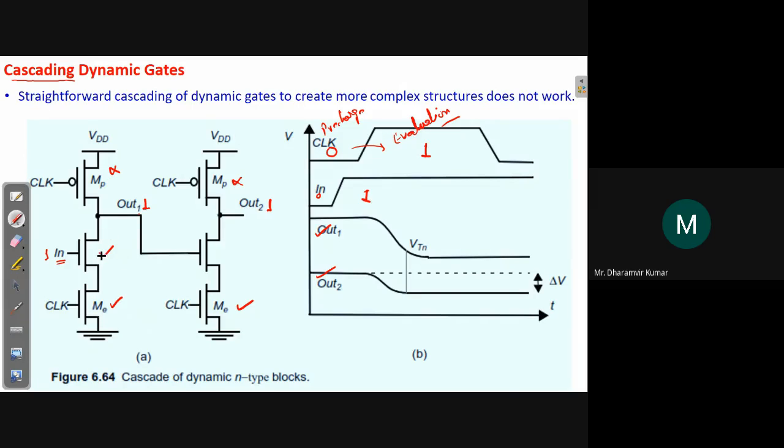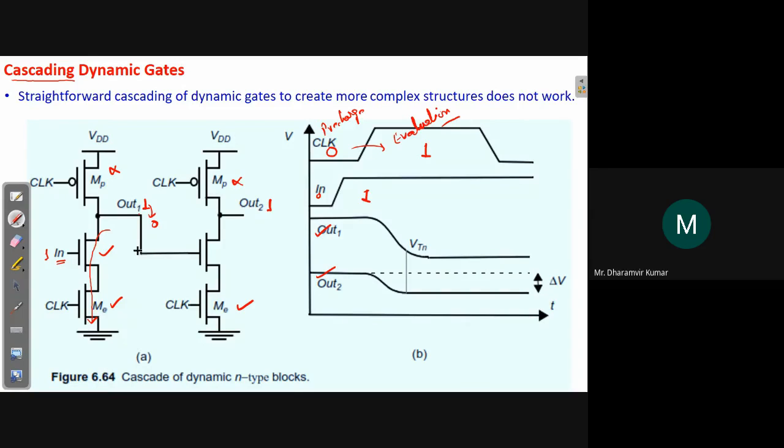Now this is available, so we expect that output 1 should go to logic 0, and it will discharge its charge content present on the load capacitance via this path to ground, and it should become a logic 1 to logic 0, right? This thing will happen.